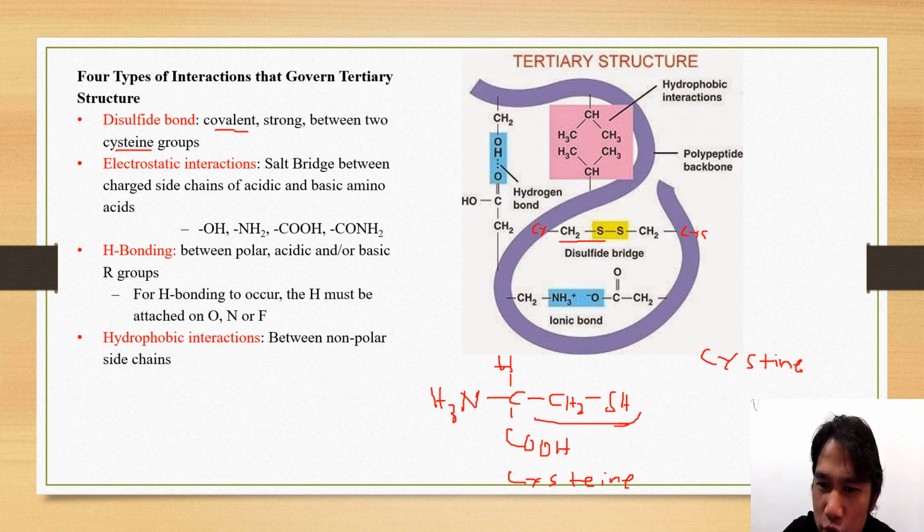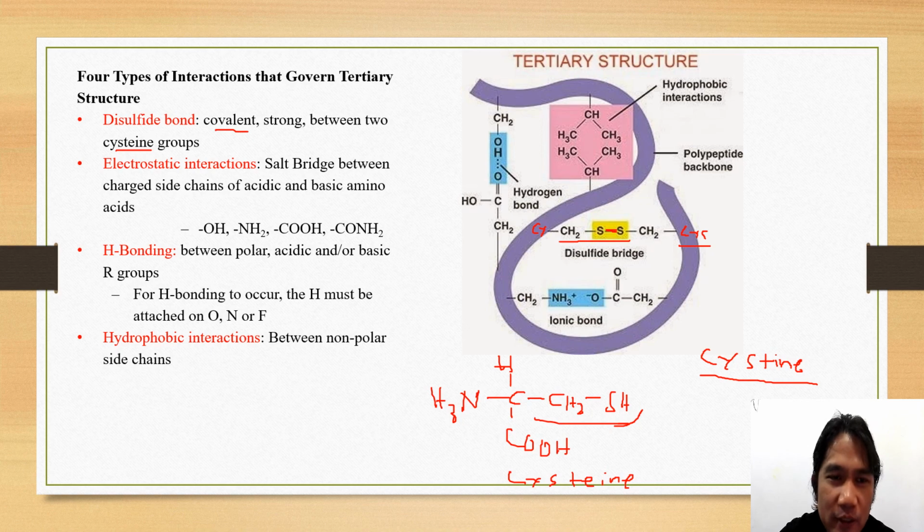However, when two cysteine residues combine, we now call them cystine. So the disulfide bridge happens between two cysteine residues. This is the disulfide linkage, the disulfide bridge. You notice this is a solid line, which means this is covalent.